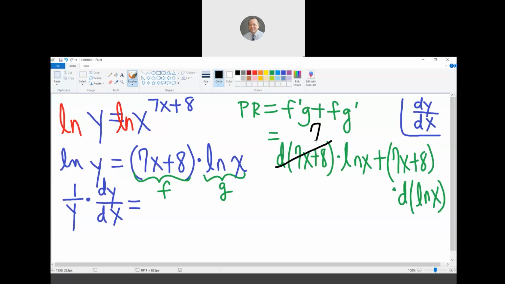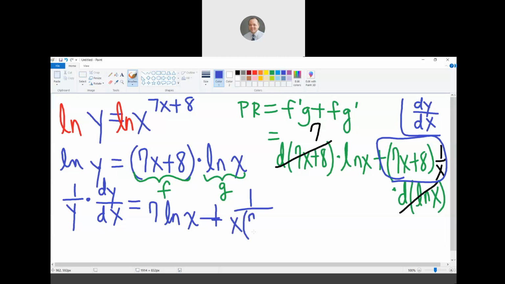And the derivative of natural log of x is 1 over x. So let's bring everything down. We have 7 natural log x plus this last part here becomes a fraction now. 1 over x times 7x plus 8.